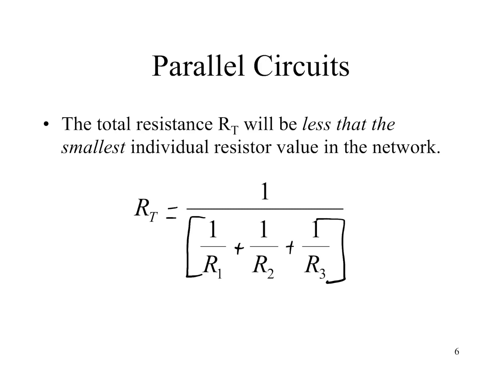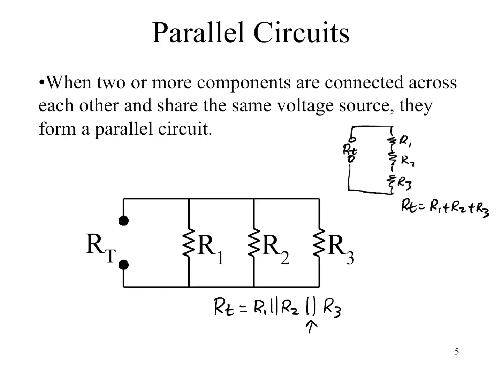One quantity we haven't looked at before is called conductance. Conductance is the exact opposite of resistance, and it's symbolized by the letter G. So G equals 1 over R. It's the reciprocal of resistance.